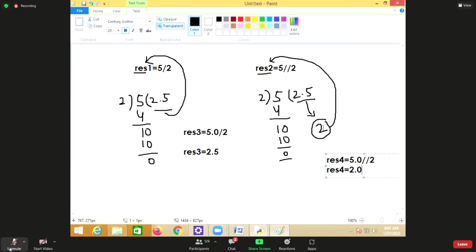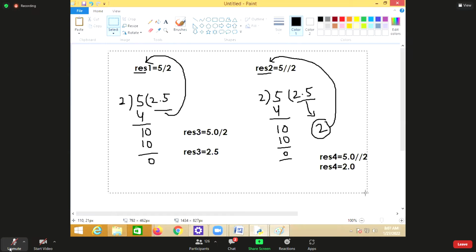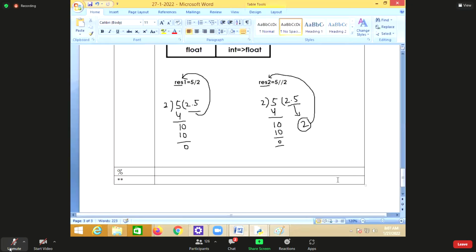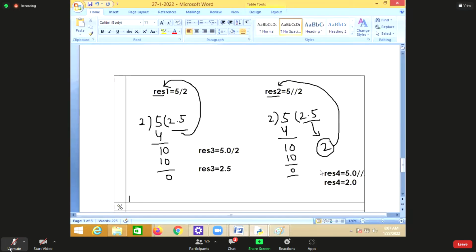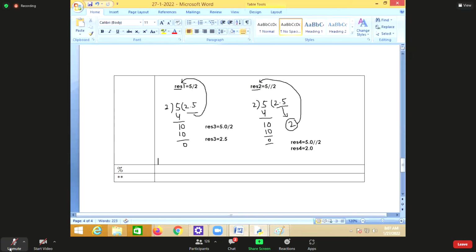The result is integer only, but that integer result is converted to float because of broader conversion. So it converts the result of floor division into float type. Okay.